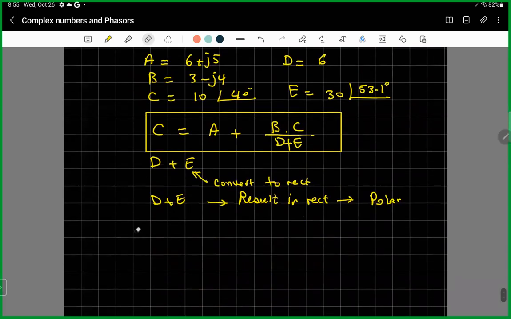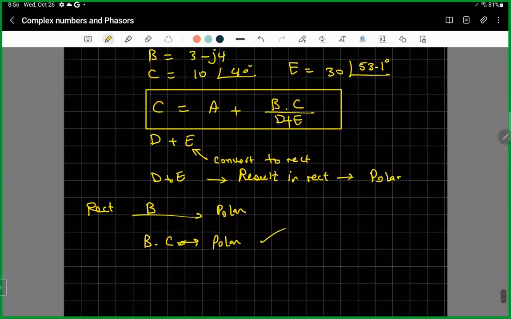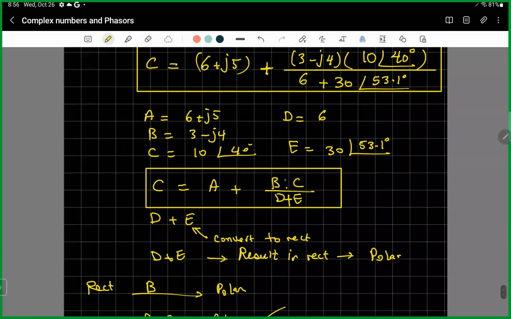So B will be converted from rectangular to polar. That's the first thing. And after that, when you multiply B times C, you get polar. Good. And when you find B times C in polar, and D plus E in polar, you divide.